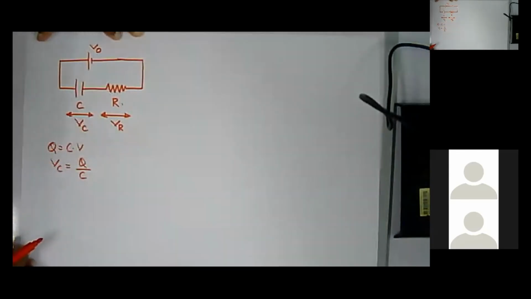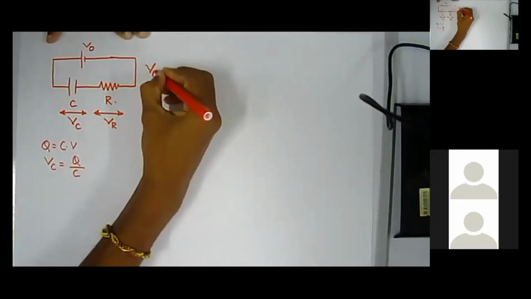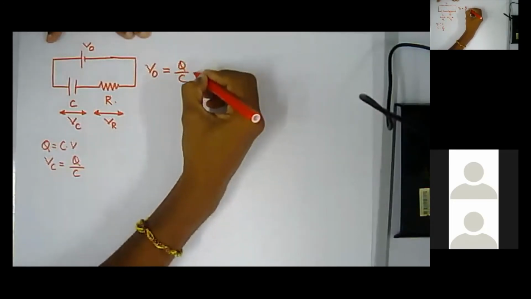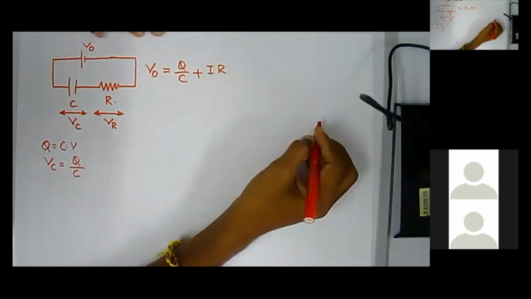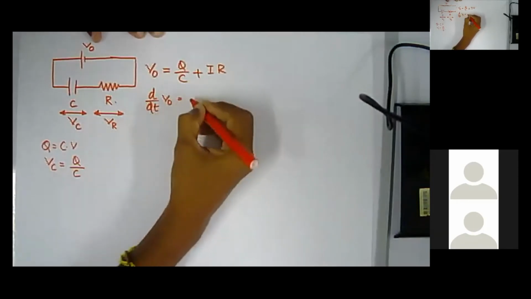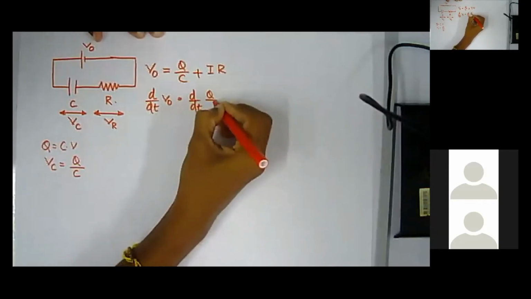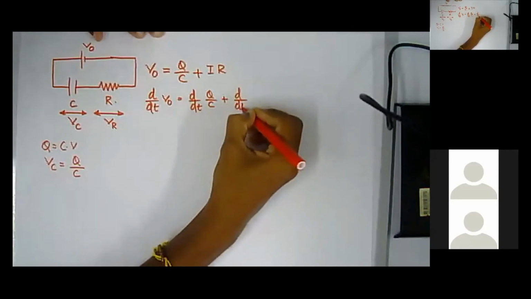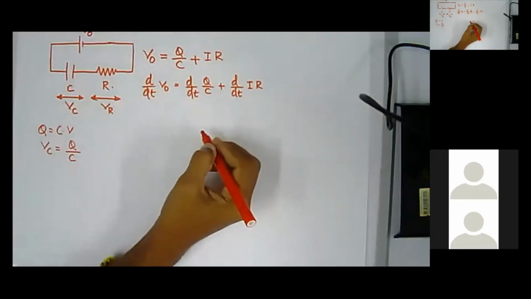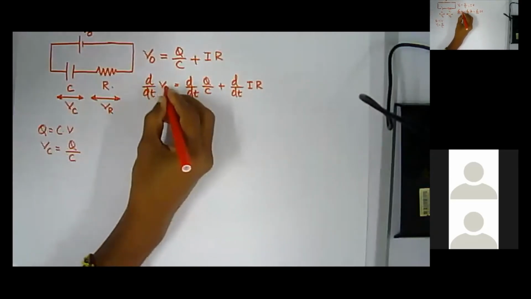So I can write VC equals Q over C, and VR equals I into R. So V naught equals Q by C plus I R. Now differentiate the whole equation with respect to time. d by dt of V naught equals d by dt of Q by C plus d by dt of I R. Since V naught is a DC voltage, that's a constant, so d by dt of V naught becomes 0.